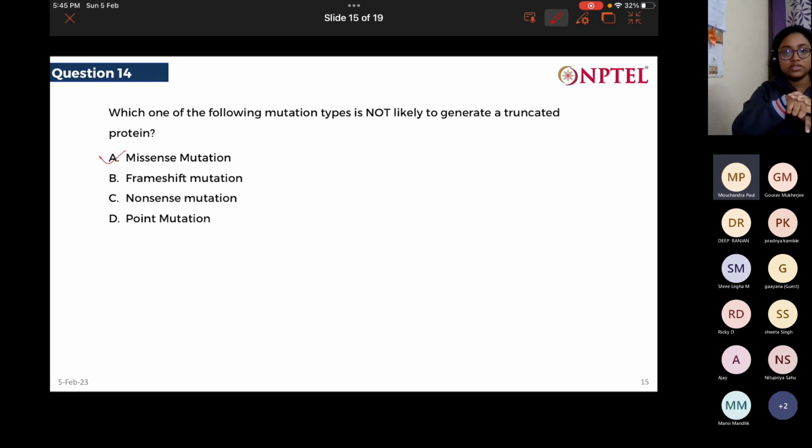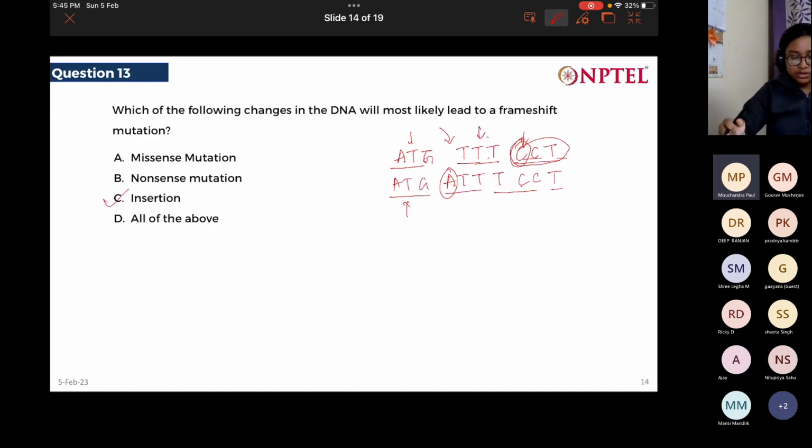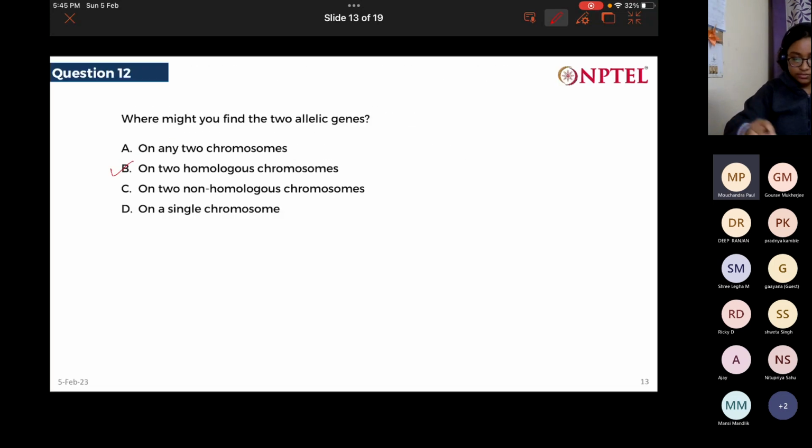Let me finish this 14th question. After the 14th, I'll go back to 1 to 10. Okay. So for this question, could you guys understand why the answer would be missense mutation? Yes, ma'am. Okay, fine. So as per the request, I'll just go back.